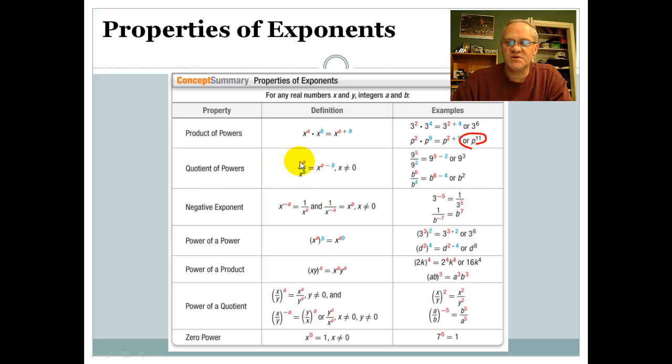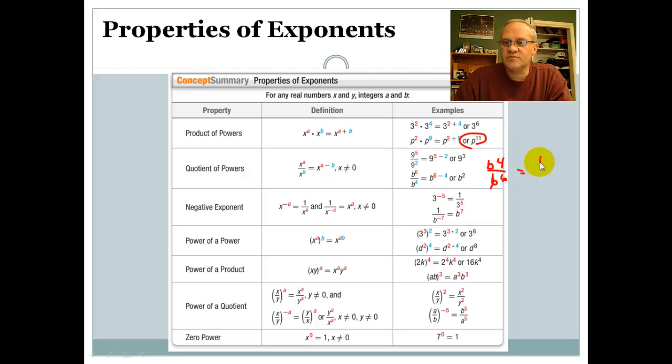Quotient of powers means when we're dividing, then we subtract the exponents. So here, if you have b to the 6th over b to the 4th, we do 6 minus 4, b squared. Now they don't have an example here, but let me do something over here to the side. Instead of b to the 6th over b to the 4th, let's say you had b to the 4th over b to the 6th.